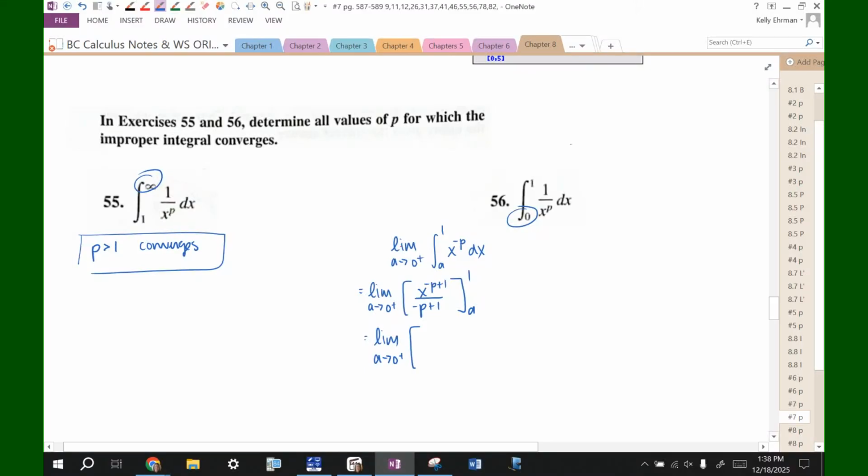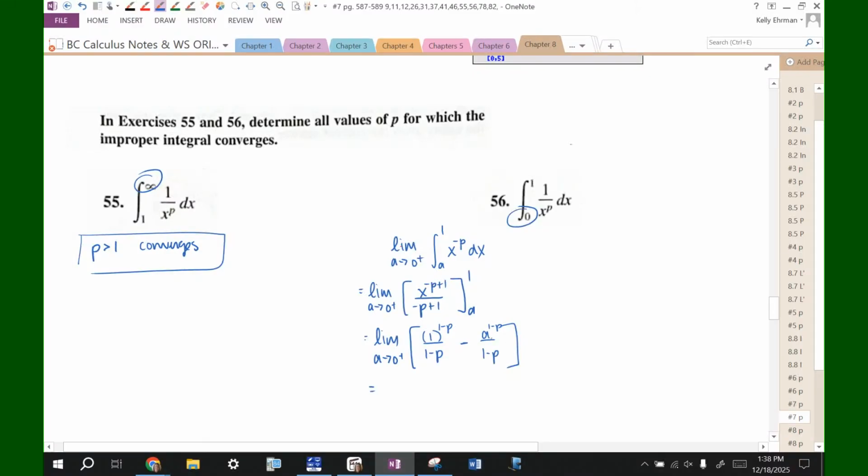All right, now what about this negative p plus 1? We are for values between 0 and 1. I'm trying to decide about negative p plus 1, but I can't say much about that. Never mind, I'll just keep plugging stuff in. We're plugging 1 in for x. So 1 to the 1 minus p over 1 minus p, minus a to the 1 minus p over 1 minus p.